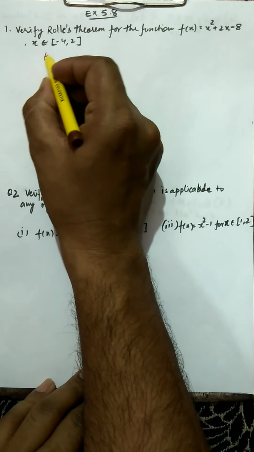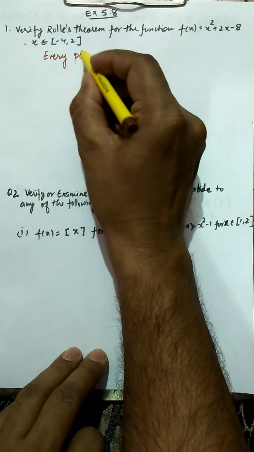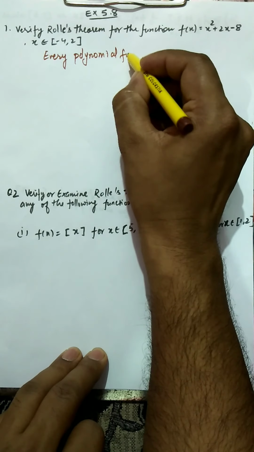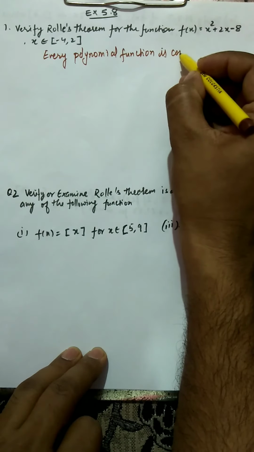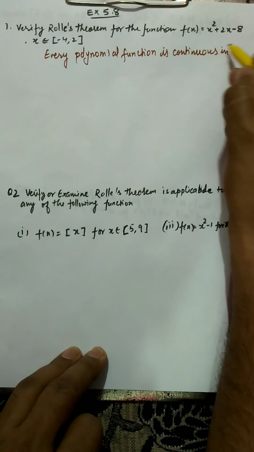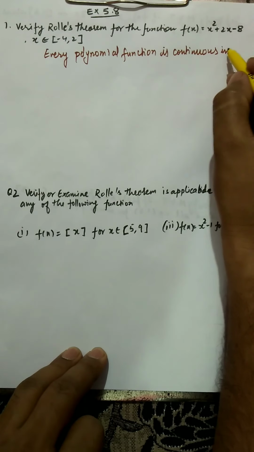You can write this: every polynomial function is continuous.